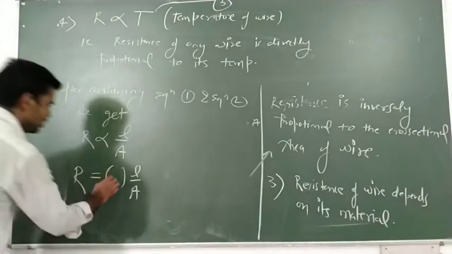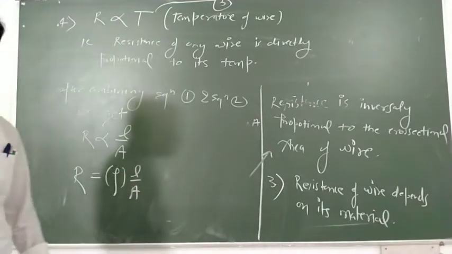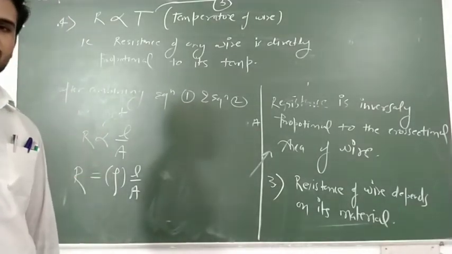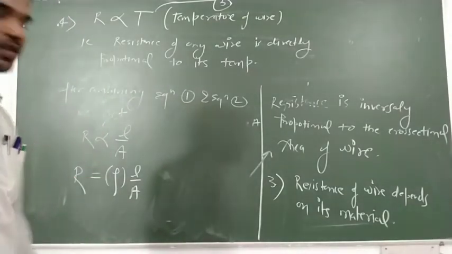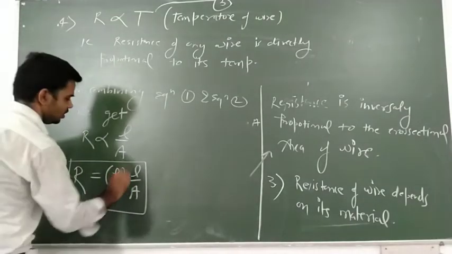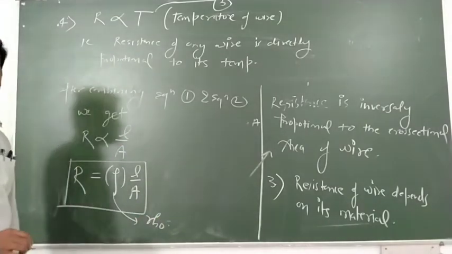That constant has the symbol rho. This is a Greek symbol, called rho, written as RHO. This is a constant.